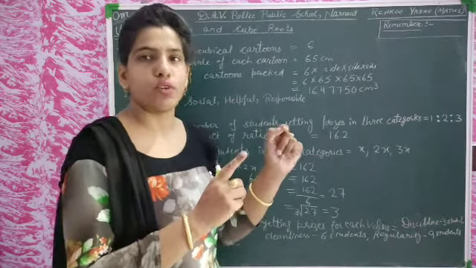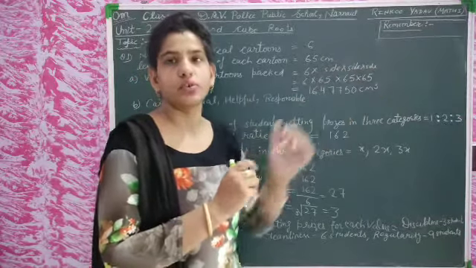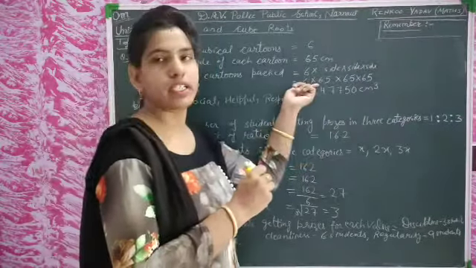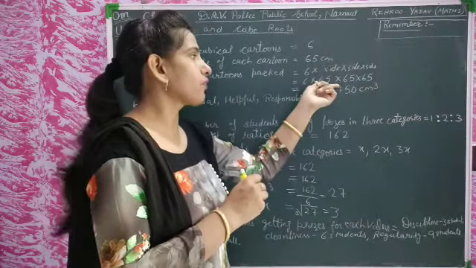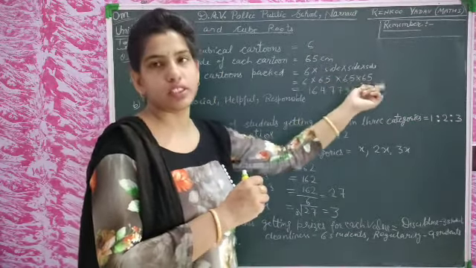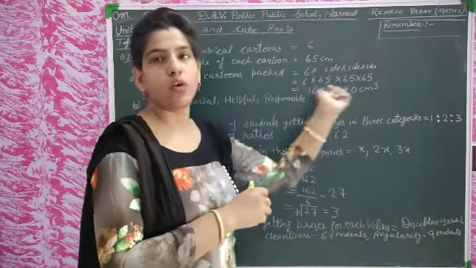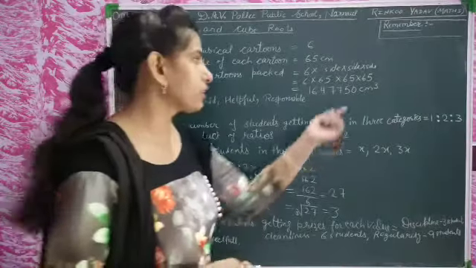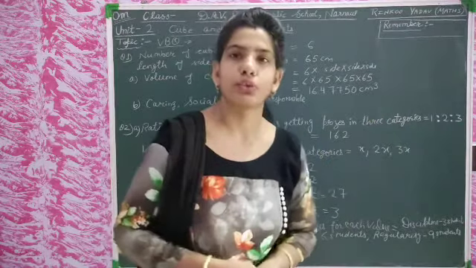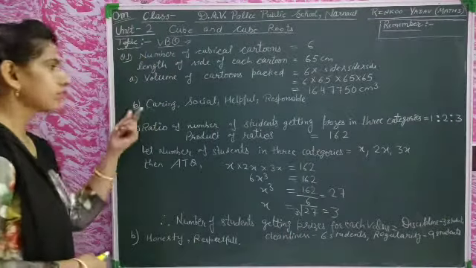So 6 cartons' volume is 6 into side into side into side, that is 6 into 65 cm into 65 cm into 65 cm. When we multiply all the values, we will get the volume, and the unit is centimeter cube, the cube unit of volume.